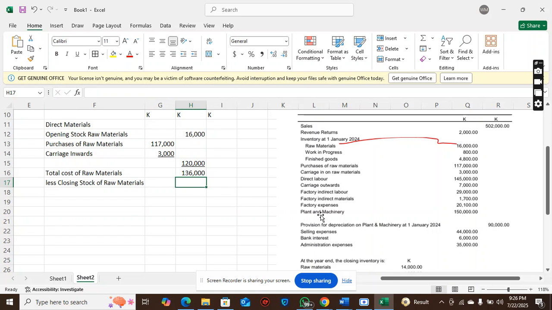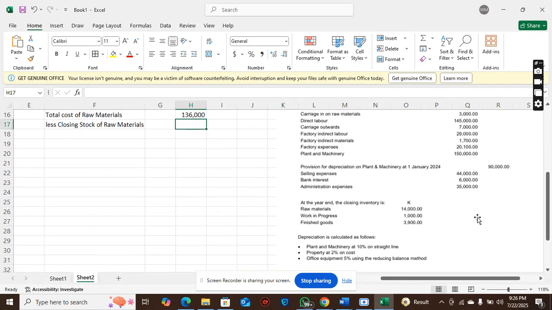We're trying to find the cost of the raw materials that have been used.